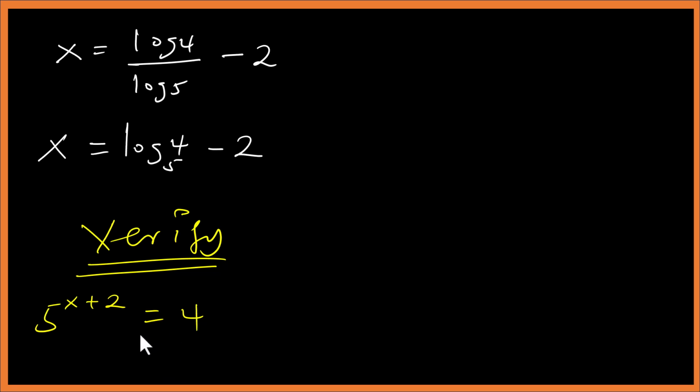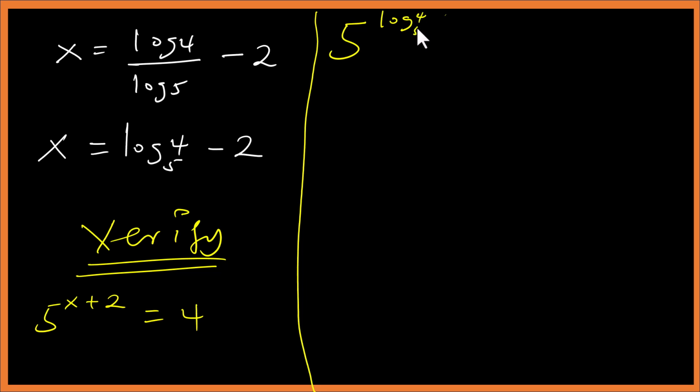Okay. So we have 5 raised to, so let's bring x. x is log 4 to base 5 minus 2, plus 2. Okay. So let's see if we get 4 here.